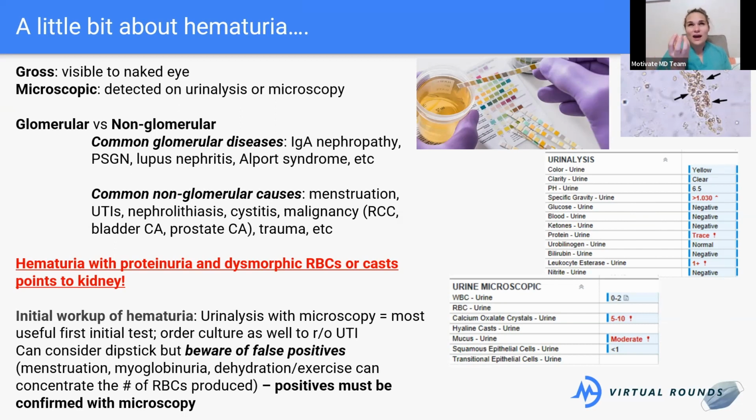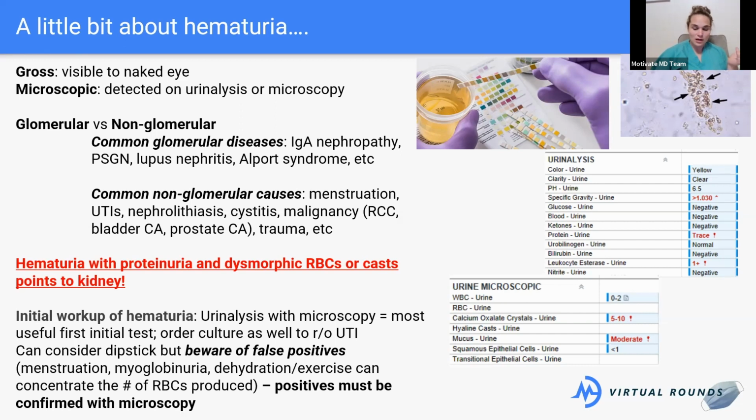So really, when we have a kidney problem causing hematuria, we're looking at the glomerulus and asking, is there something wrong with the structure and the anatomy of the glomerulus? So that's glomerular disease. So that's what you have on one hand.